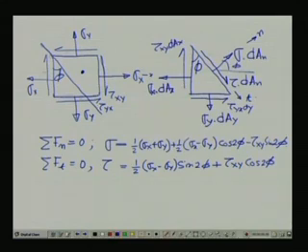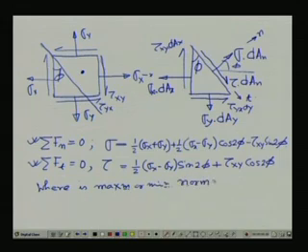Under these notations, we give the force equilibrium equations like this. Now, as we have been talking about, where is the maximum or minimum normal and oblique shear stress.